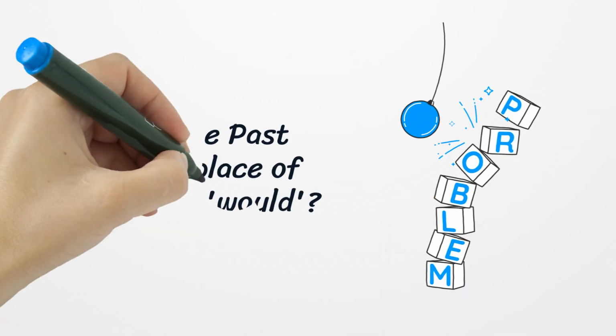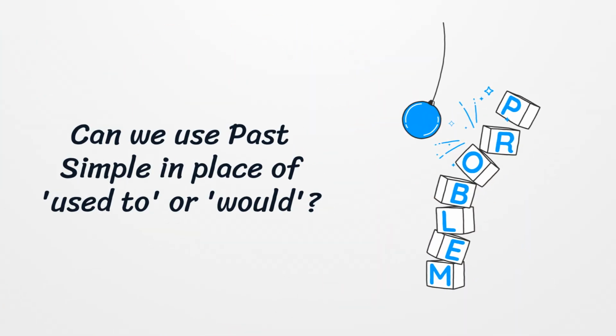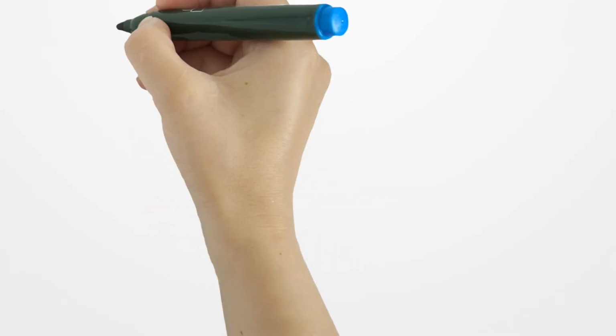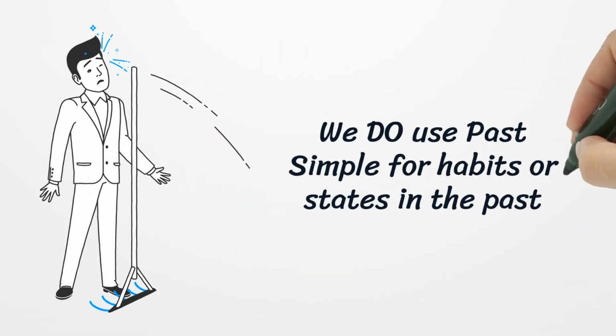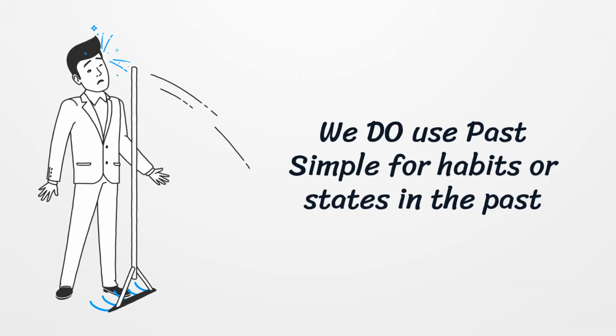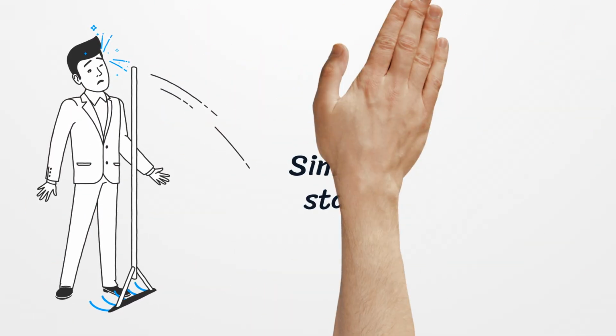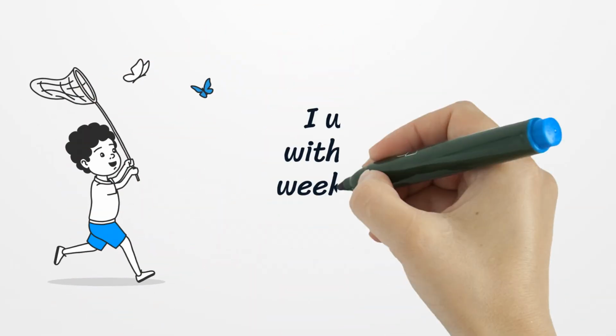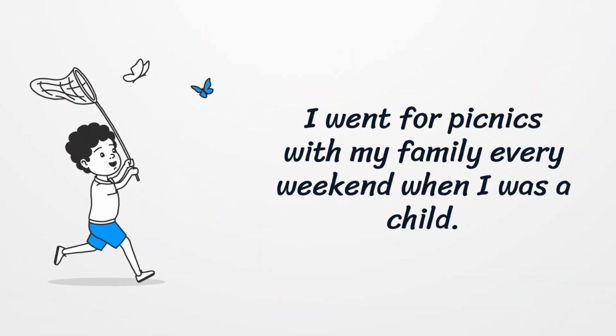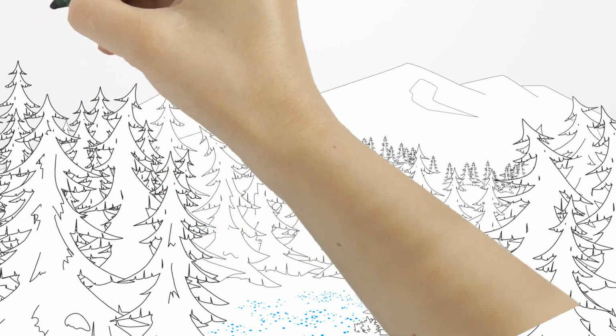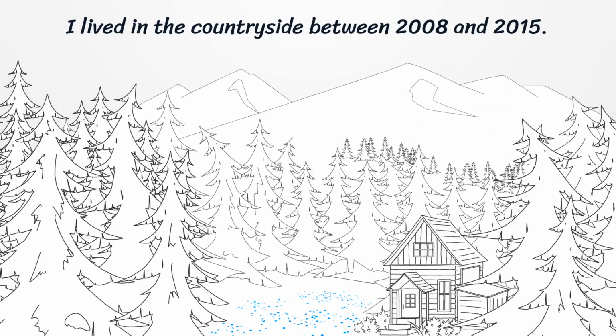And what about past simple? Can't we just use it instead? Yes and no. We can and often do use past simple tense for habits or states in the past. For example, I went for picnics with my family every weekend when I was a child. Instead of I used to go or I would go, or I lived in the countryside between 2008 and 2015.